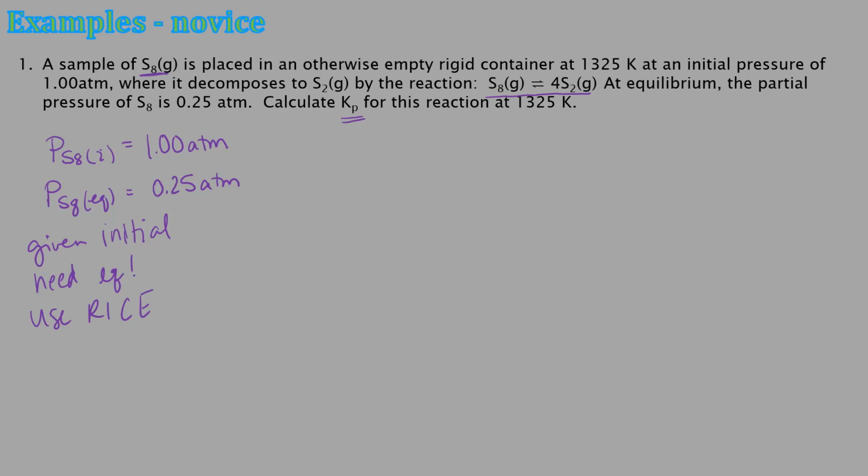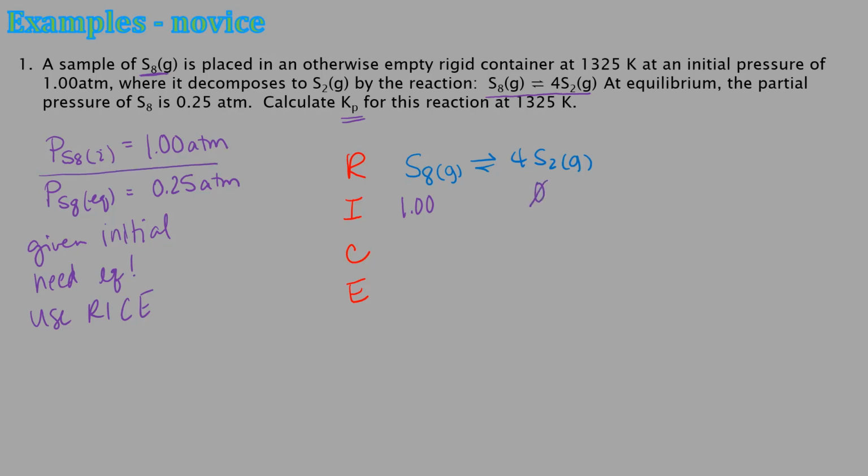RICE stands for reaction, so I'm going to write the reaction down first. Then I have I for initial, C for change, and E for equilibrium. My initial that I know of is 1 atm of S8, and I don't have any of the product.